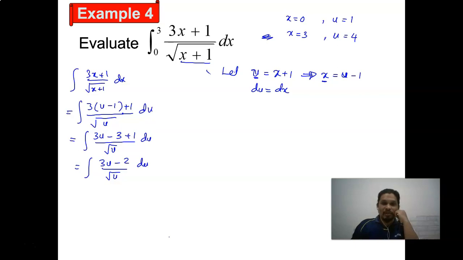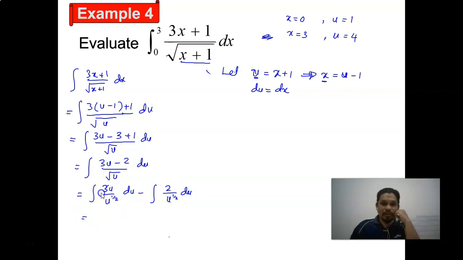Actually, in this question we use the substitution method. So class, I separate this into two parts. The integral of 3u divided by the square root of u means we're talking about u to the power of 1 over 2, du, minus the integral of 2 divided by u to the power of 1 over 2, du.